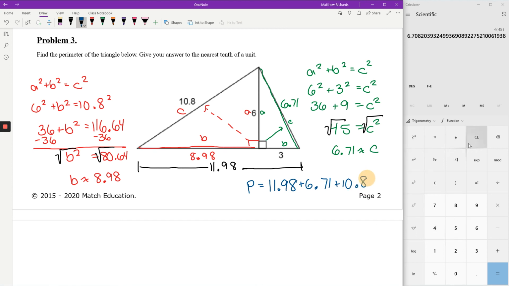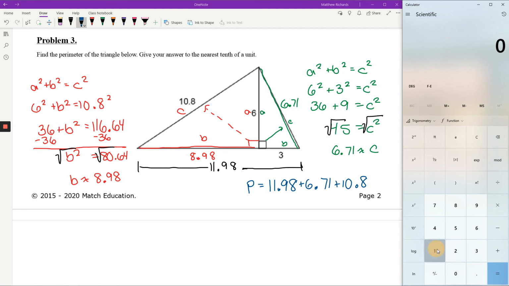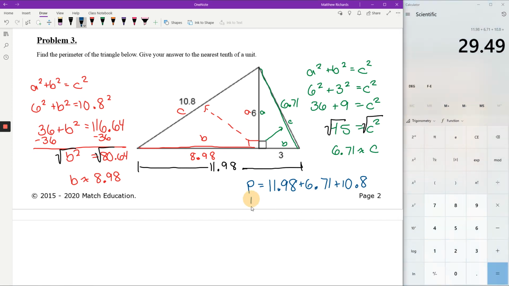And so, for one last question here, 11.98 plus 6.71 plus 10.8 is going to be equal to 29.49 units. It wants it to the nearest tenth of a unit. And so this perimeter is going to be 29 and 5/10 units as our final answer.